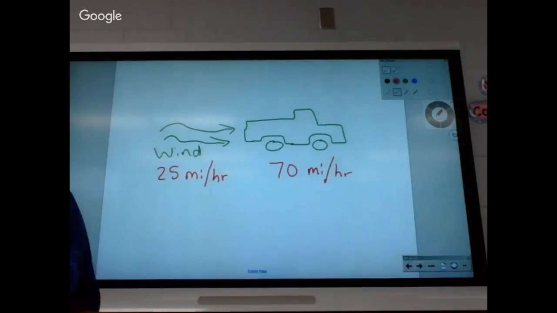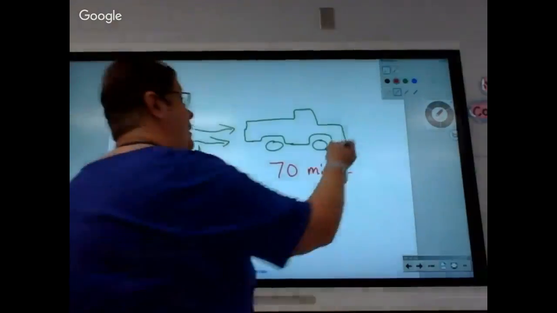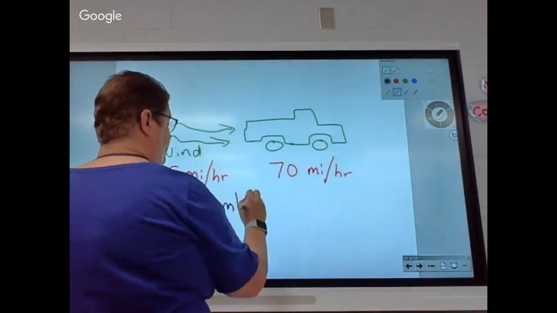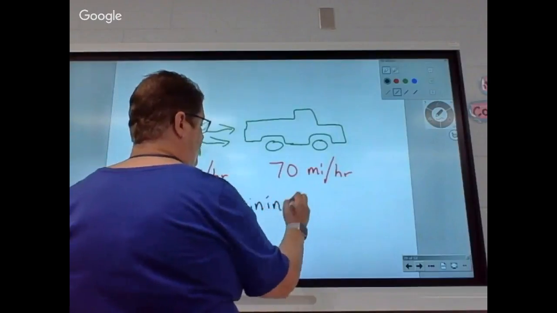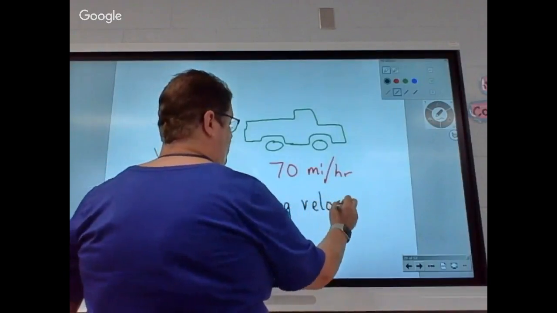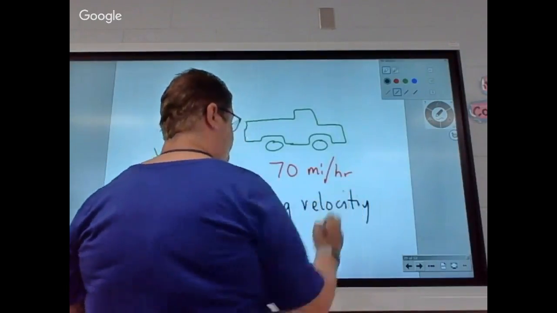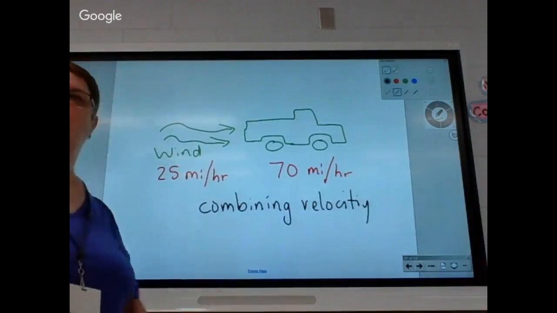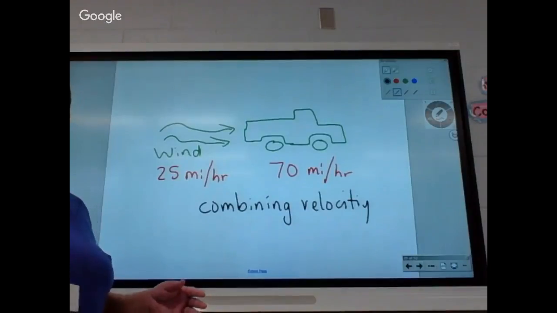That's right. They make us go faster, okay? It also helps our fuel mileage so that we don't have to push as hard on the gas pedal, and so we use less fuel. This would be an example of combining velocities. Because the wind is pushing from behind us, what does it do? That's right.